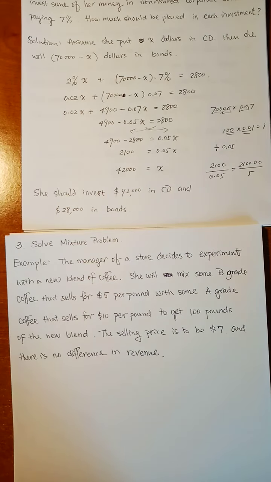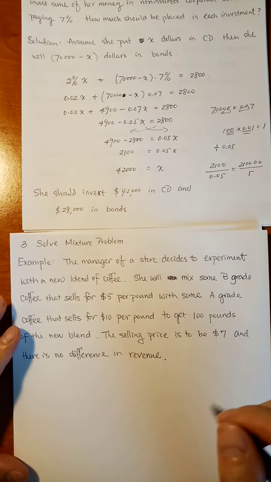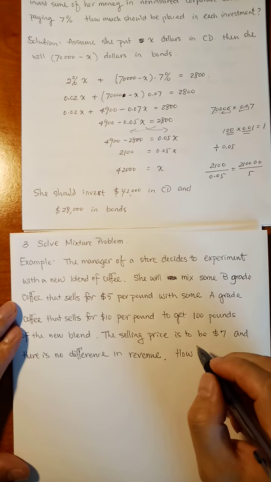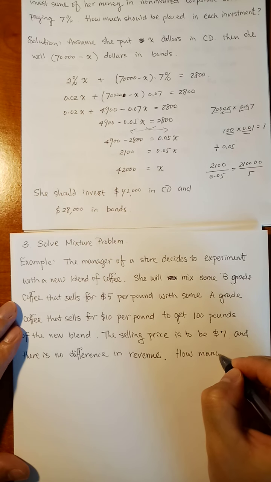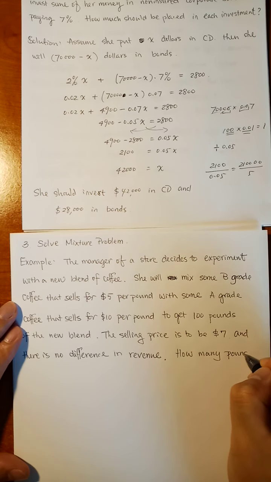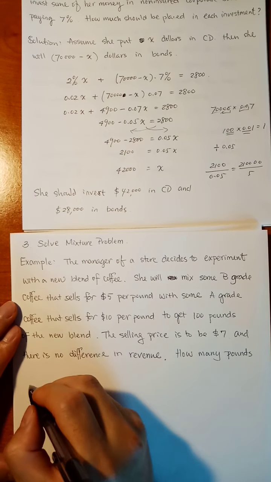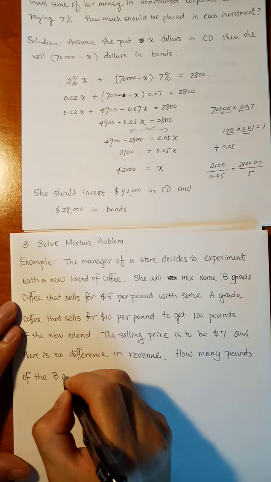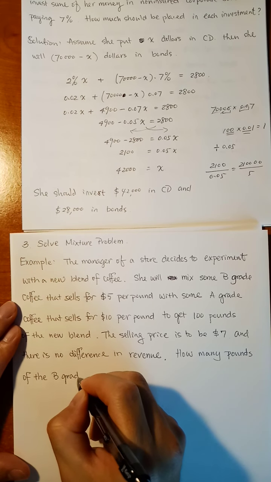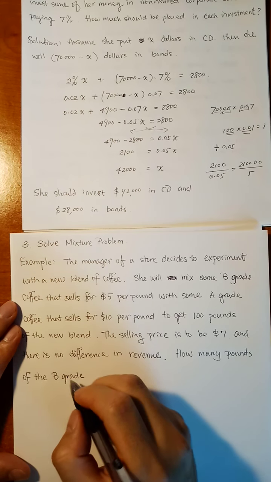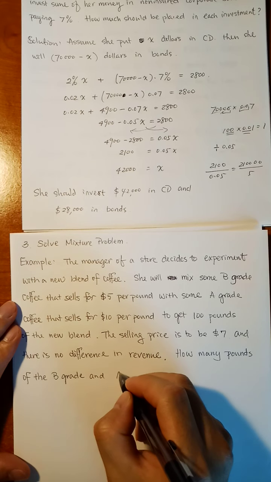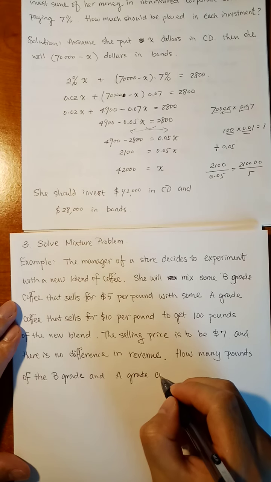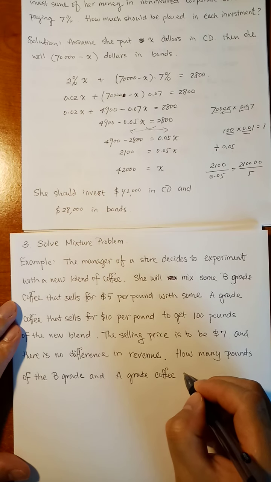So there's no difference in the revenue. And how many pounds of the B grade and the A grade coffees are required?